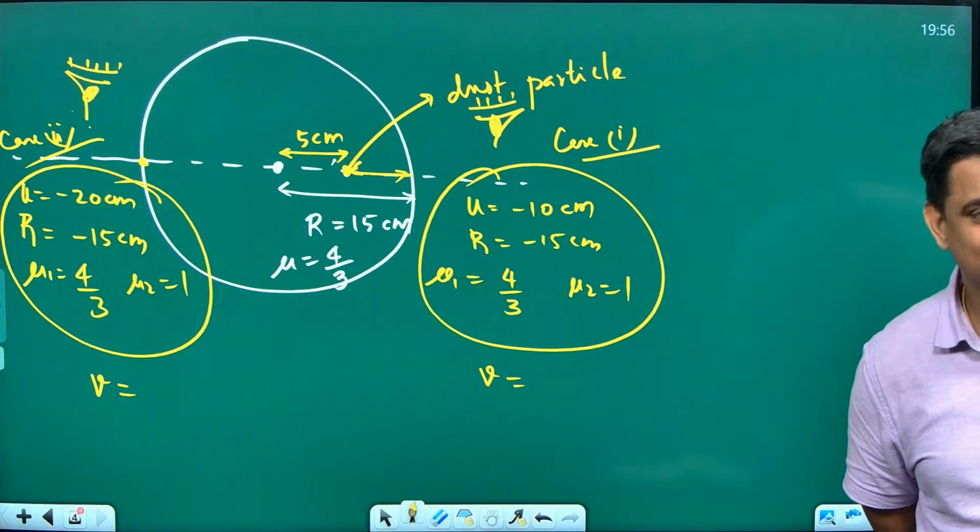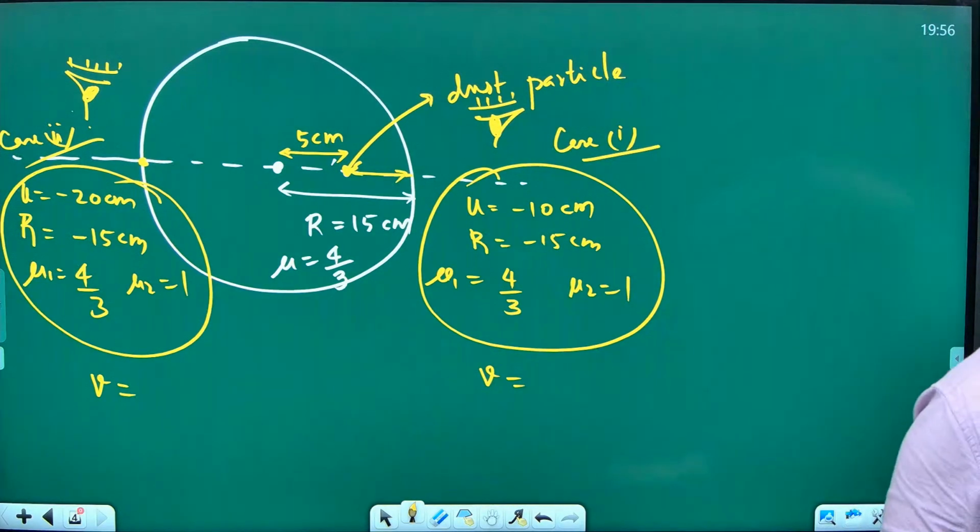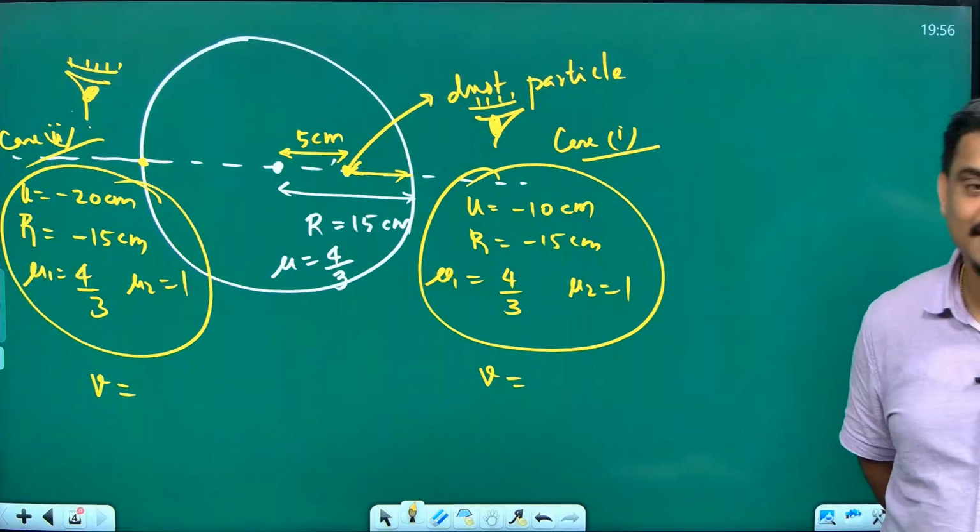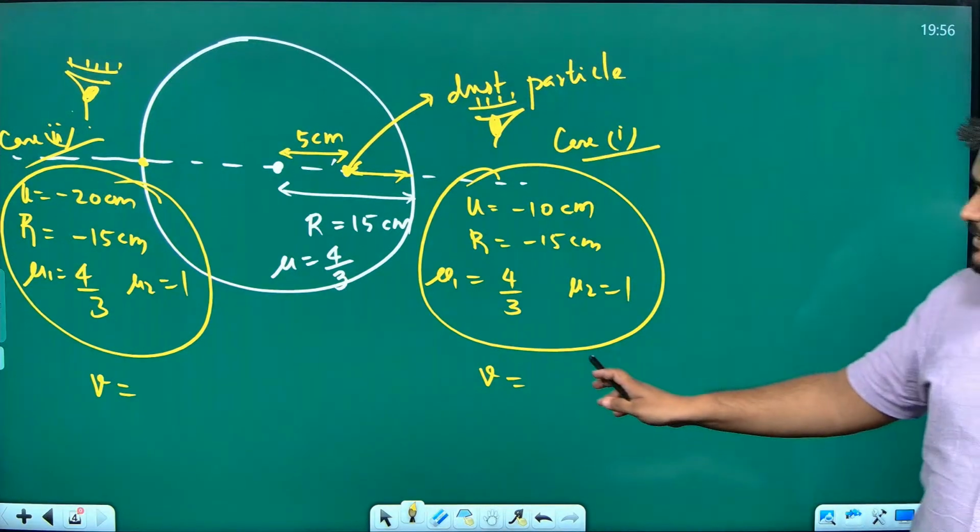It should be the other way round: video should be on, mic should be off. Right. Anybody got the answer for this case 1?